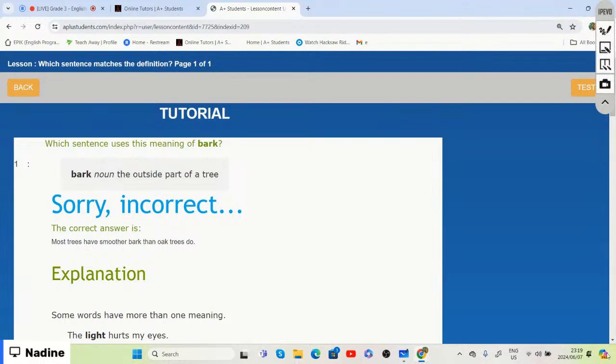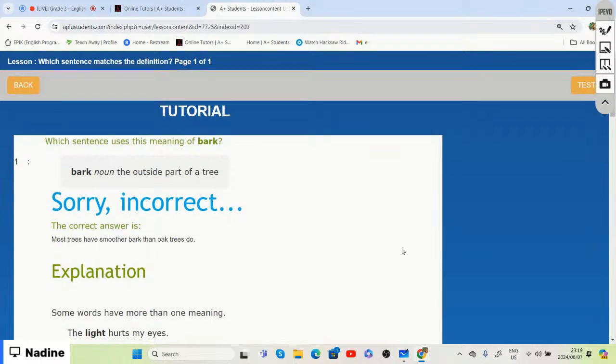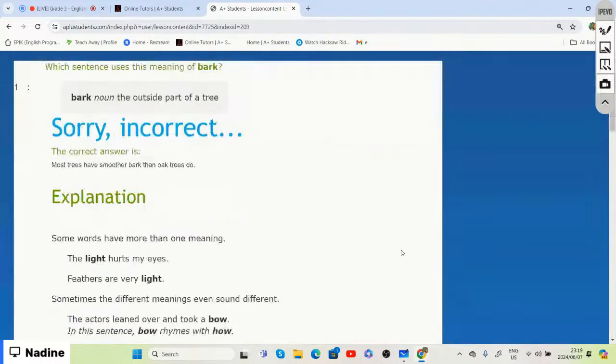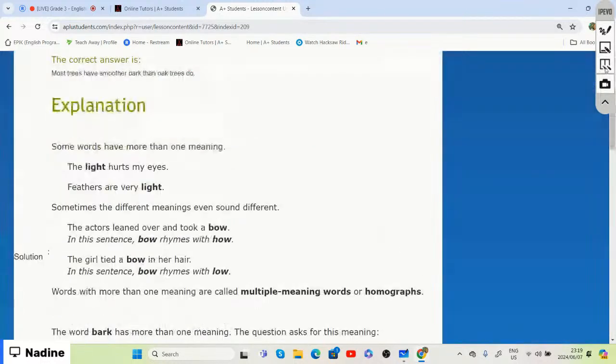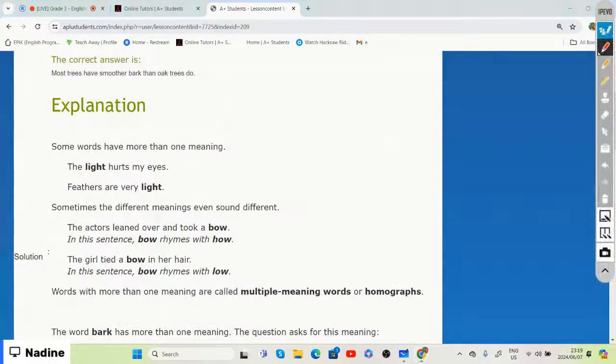All right. So once again, we said multiple meaning words. Another word for multiple meaning words, we can call homographs.